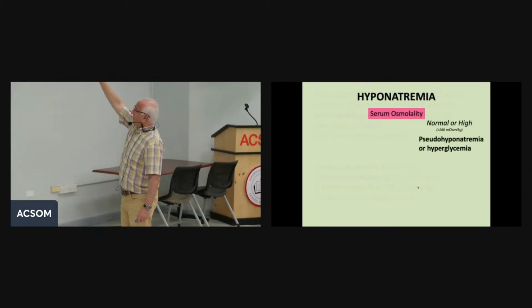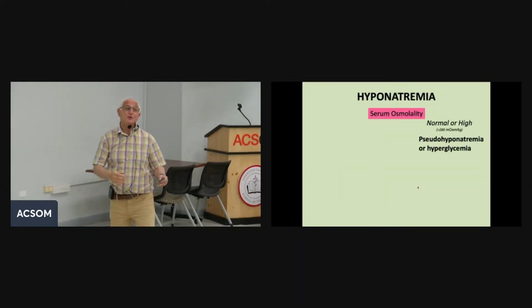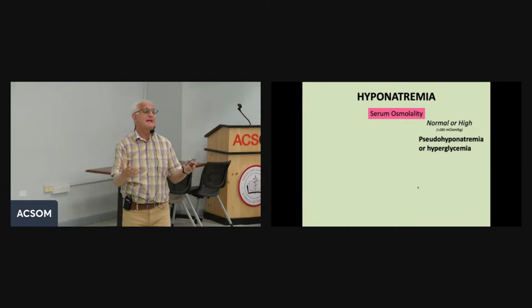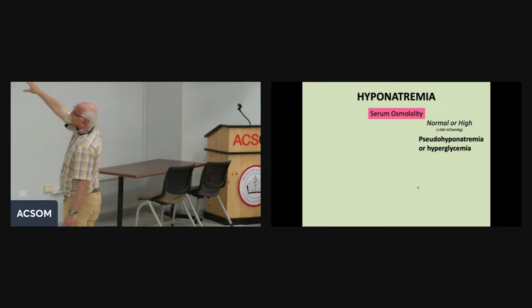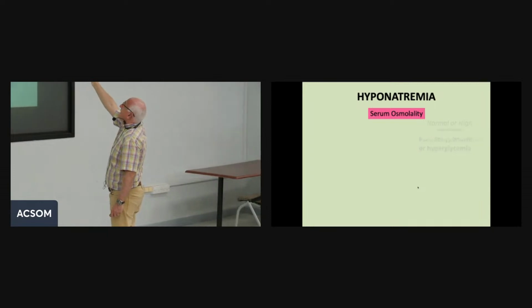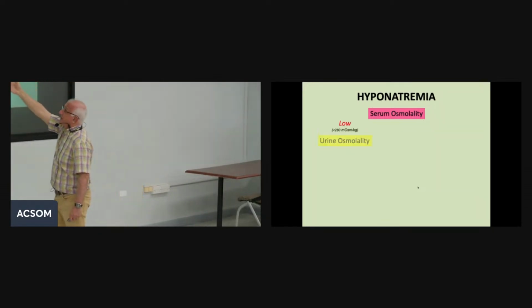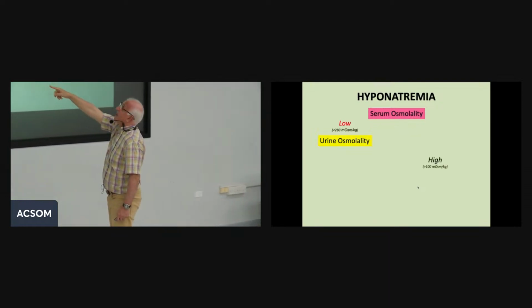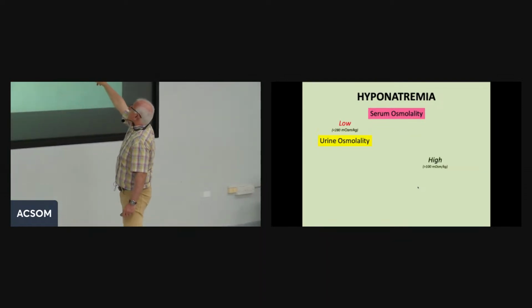Remember, I just go through the whole thing. Right one is easy. I told you, I repeat so much that you're going to be sick of it. On the right side, it's so easy. 5% of the cases, the serum osmolality is good. We don't have to worry. But if the serum osmolality is low, the majority of the cases, then you look at urine osmolality. If it is high, it is concentrated urine.